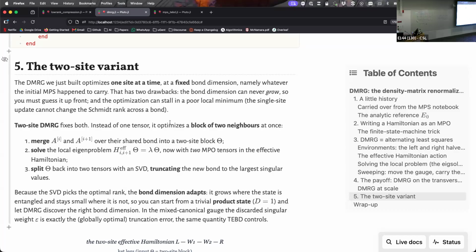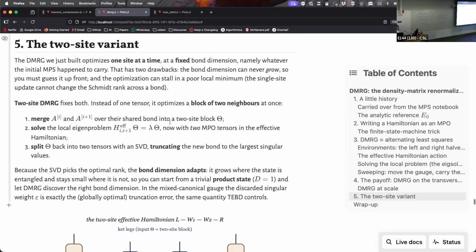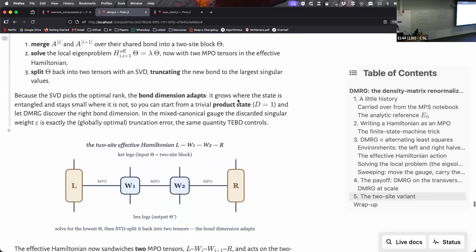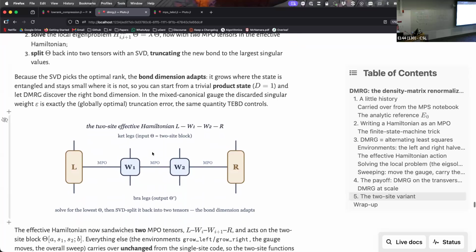You can play the exact same game. Instead of solving the optimal solution for a single side state, you project onto a two-side state, merge these things together, find the optimal solution there, and then truncate back down at the end.